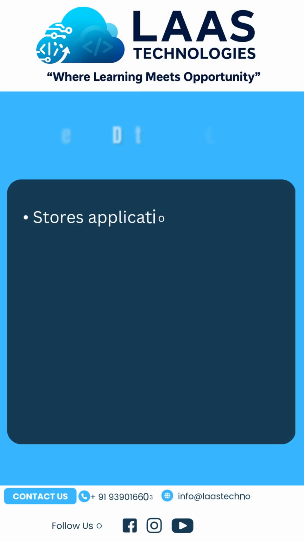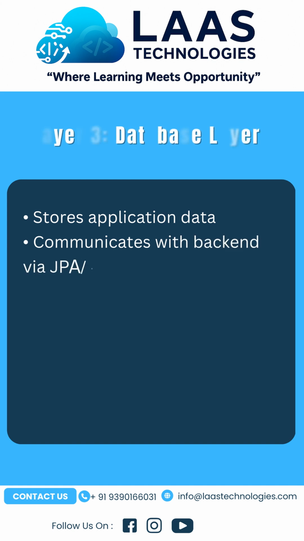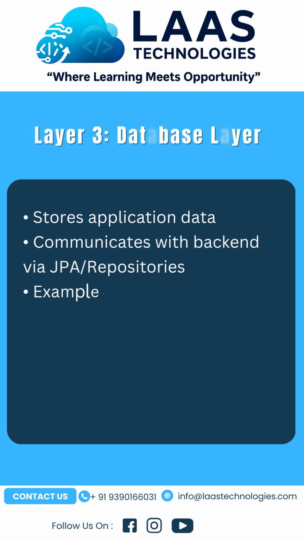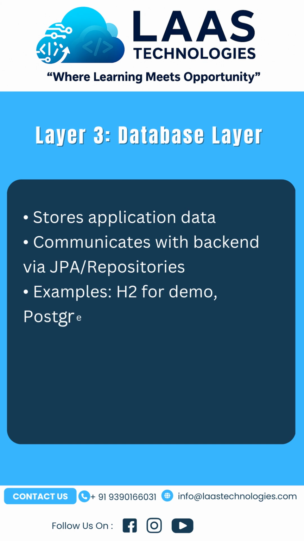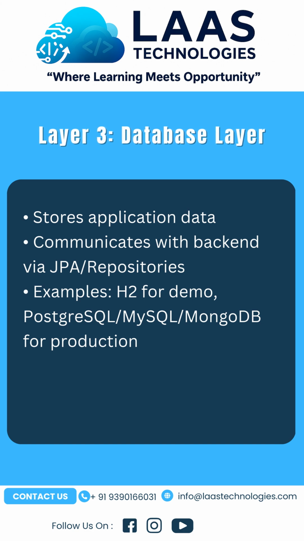Till now we have seen two layers, the UI and the backend, and now we navigate to the third layer, that is the database. So what exactly is this layer about? This is the most important layer inside our application, because whatever data we are storing will be stored in this layer only.